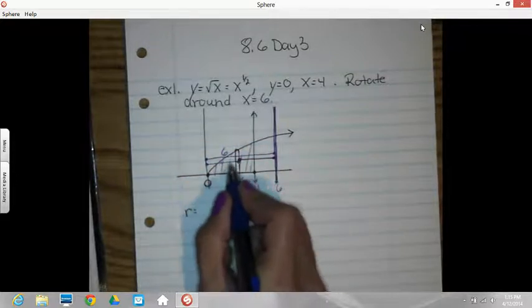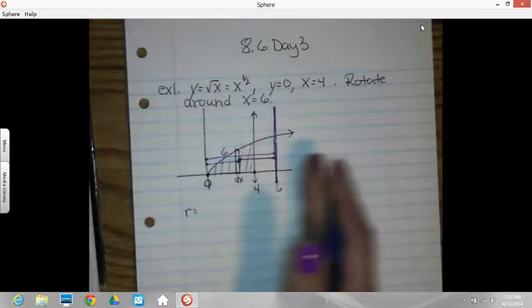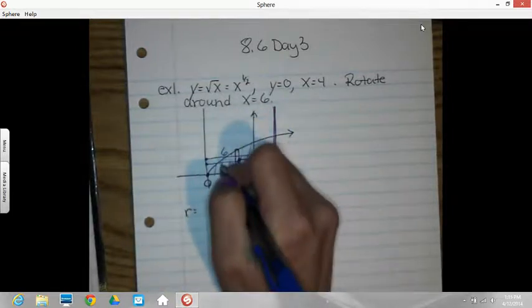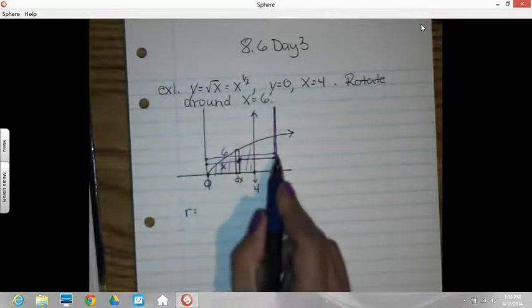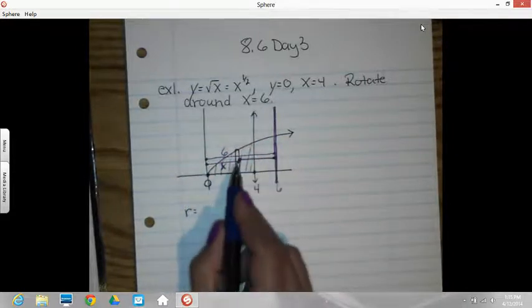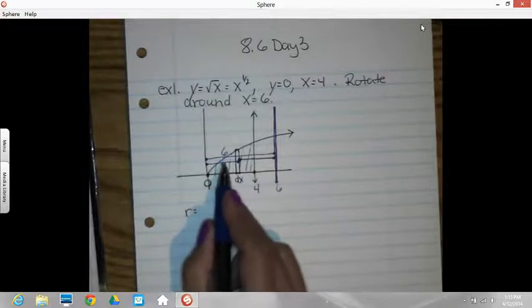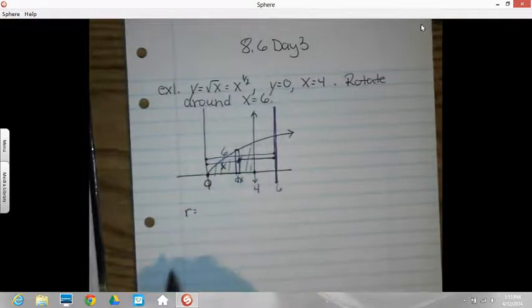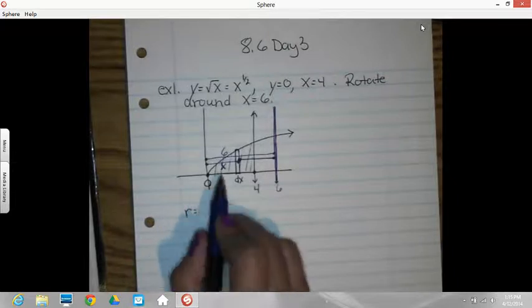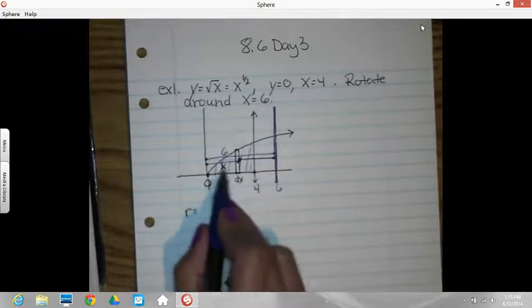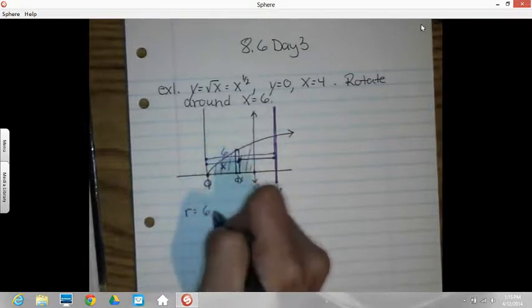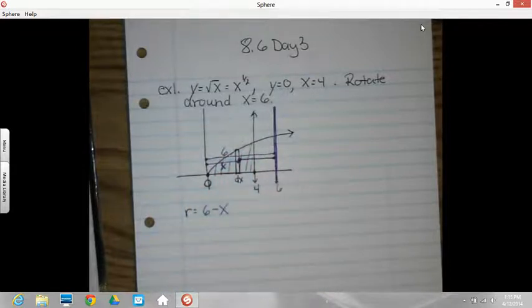Because it's going to the right, that's a horizontal distance of x. So if this total distance over to my axis is 6, I don't want the beginning part of the 6. I want to take it away, so I'm left with this part. The expression is going to be 6 minus this beginning part. So the radius will be 6 minus x. That's the tricky part of these. The rest of it should be easy.